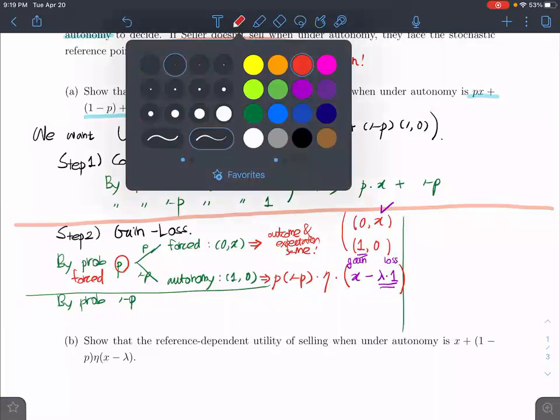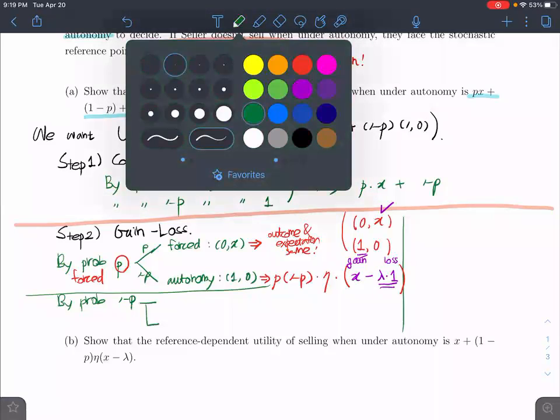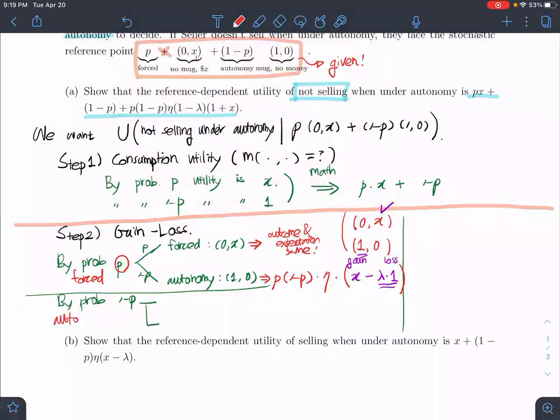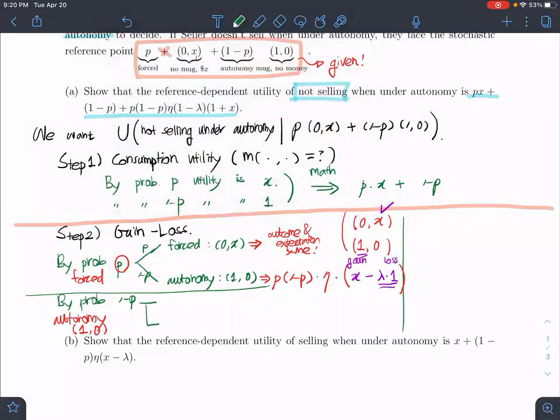If there's no questions, let me move on. So same thing. In here, we fall into autonomy case. And then if I fall into autonomy, I was expecting no trade. So yeah, this one is the outcome. And then let us compare with the reference points. So by probability P, we are forced into the trade. We get outcome 0 and x, which is different with the actual outcome.